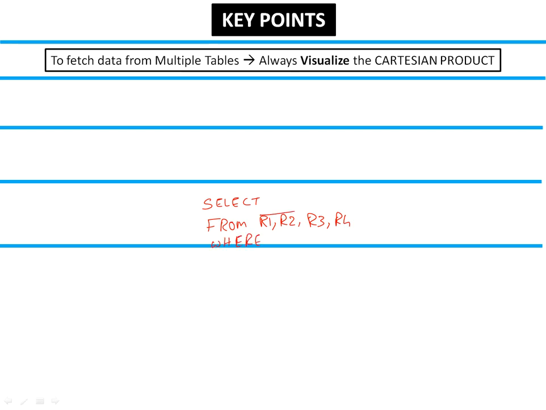Please always visualize Cartesian product. Number of columns will be added, number of rows will be multiplied. As long as you think the concept in different tables, you cannot understand the concept. So please always start visualizing the Cartesian product. There are no more multiple tables. There is only one table, which is Cartesian product. Once you visualize Cartesian product, all queries on joins will be pretty easy for you.